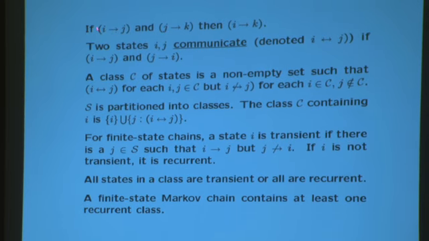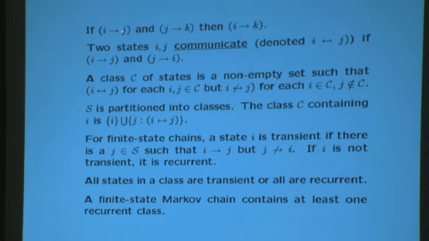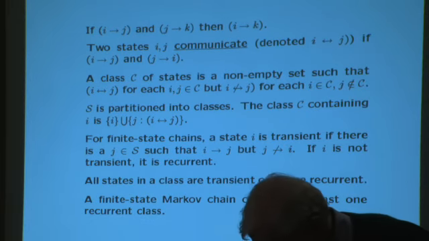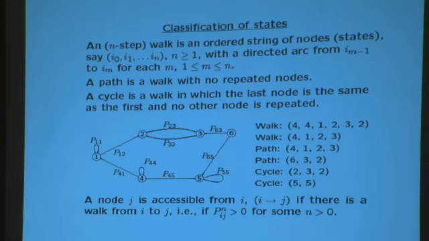A node j is accessible from i, which we abbreviate as i has a path to j, if there's a walk from i to j.